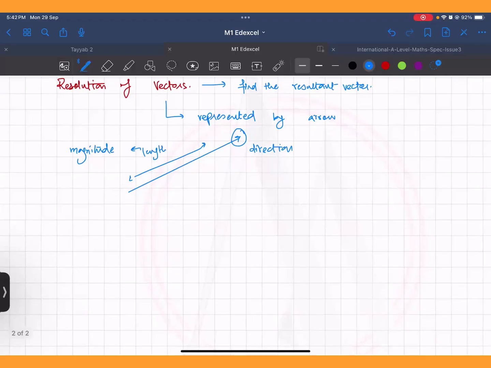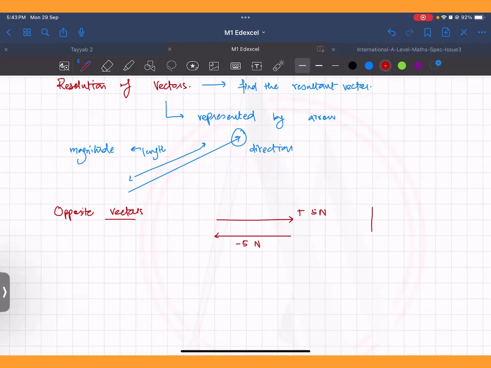And then you have opposite vectors as well. For example, if this vector is 5 Newton positive to the right side, this would be exactly the same. You can see the length is exactly the same. The direction is opposite. It will be negative 5 Newton.